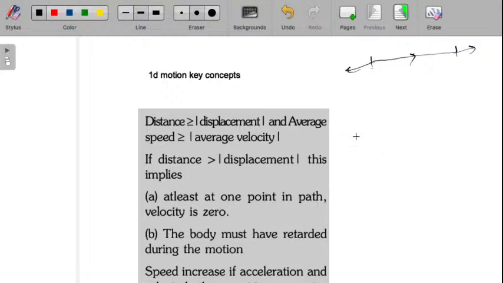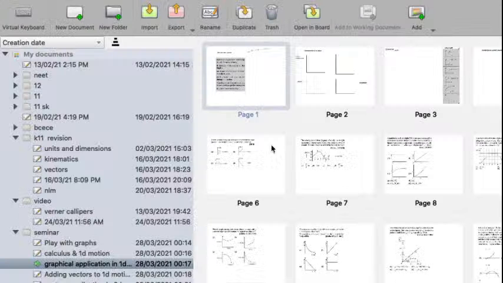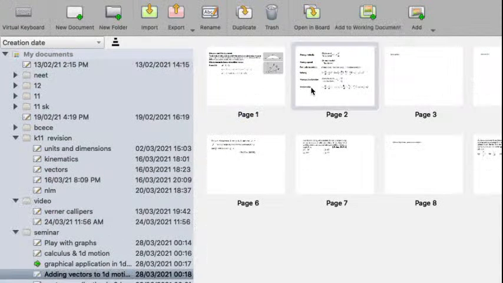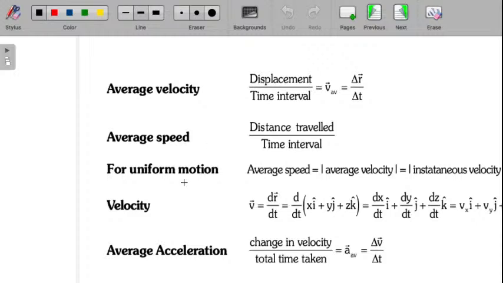Now you could define the terms distance, displacement, average speed, average velocity in the context of this motion, or in general as well. The terminologies for the respective motions are all well defined.